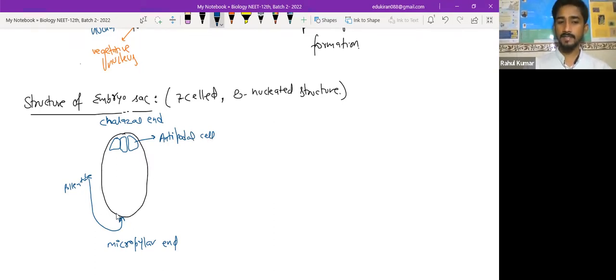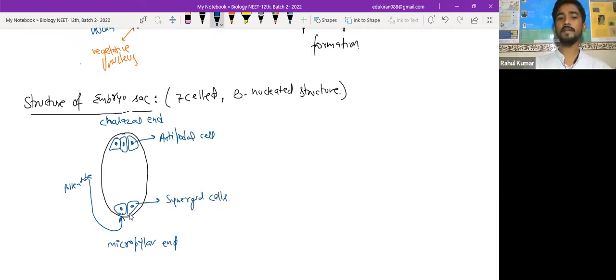And then 3 cells are present here, in which 2 cells are in front. Each cell will have 1 nucleus, right? 1 nucleus, 2 nucleus, 3 nucleus. The 3 nuclei are for the antipodal cells. Then these 2 are called synergid cells.